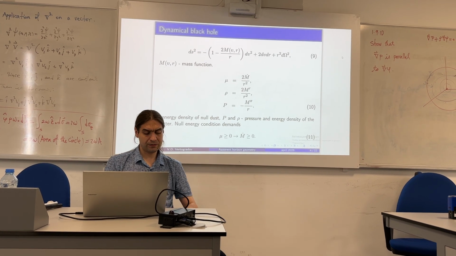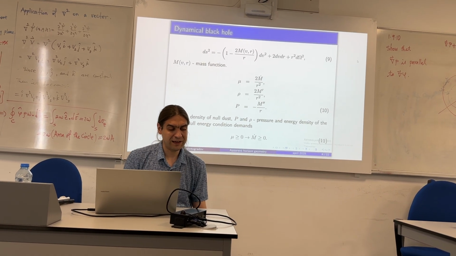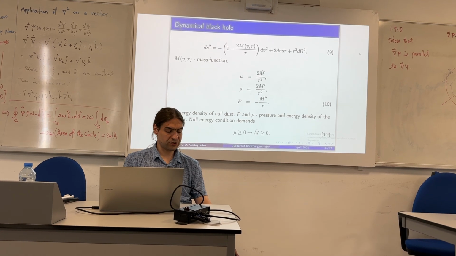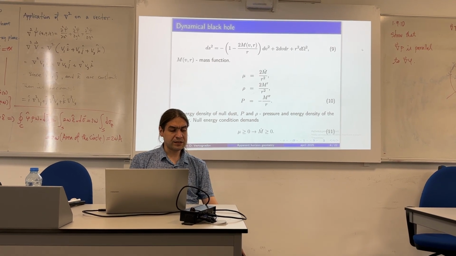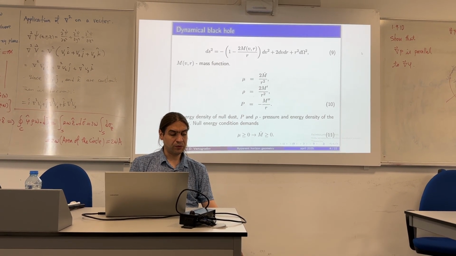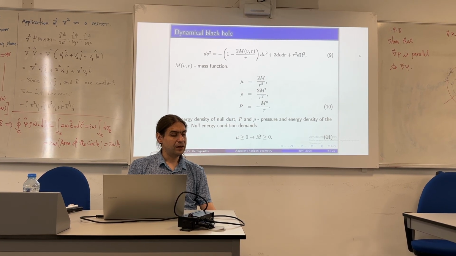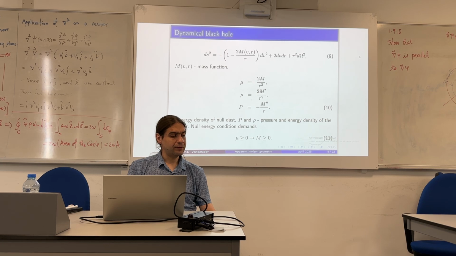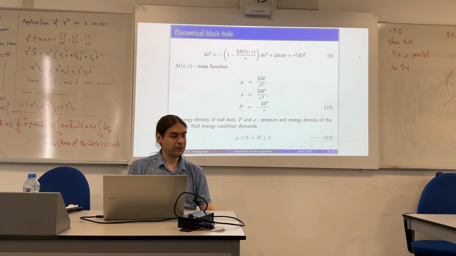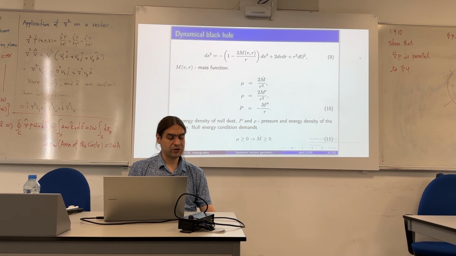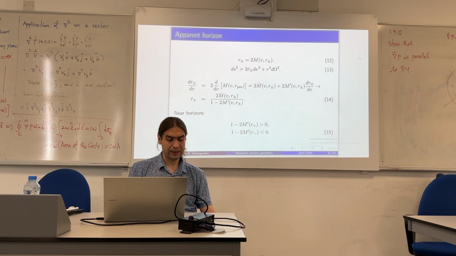So it's not a big problem to violate the null energy condition. So mu depends on m dot. So when m dot is less than 0, we violate the null energy condition. And let's go to the next.